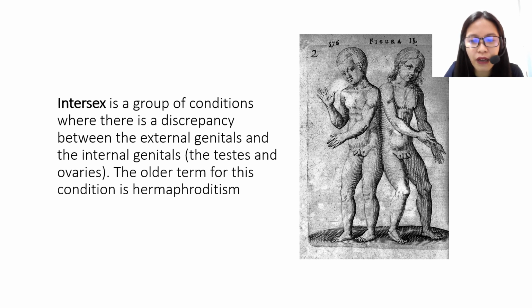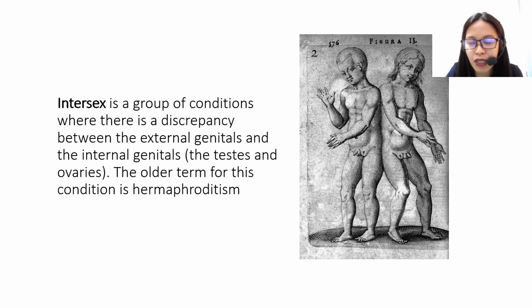Of course, we also have intersex. It's a group of people with conditions where there might be a discrepancy between their external genitals and their internal genitals. Before, we called them hermaphrodites, but we cannot generally call them that because hermaphrodites could have more female characteristics or more male characteristics.